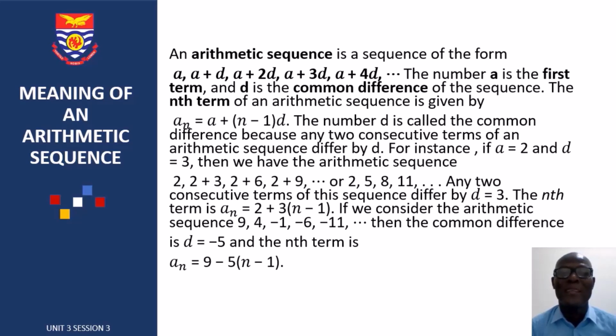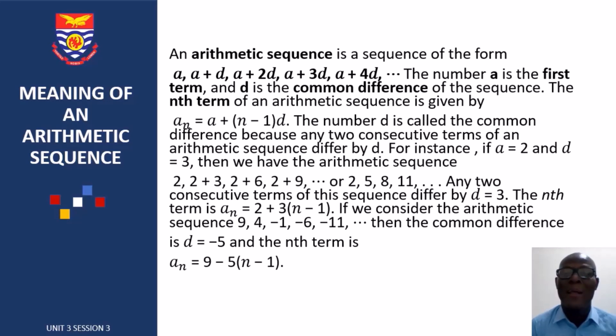To obtain the fifth term, we add that constant D to the fourth term, which is A plus 3D, plus D, and that gives A plus 4D, etc. The first number, A, is what is called the first term, and D, the common difference.